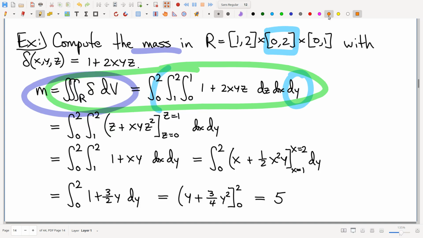Likewise, let's see here. What are my x bounds? Well, here you go, 1 to 2. And then lastly, what are my z bounds? Well, there's the z bounds, 0 to 1. Everybody happy? All right.